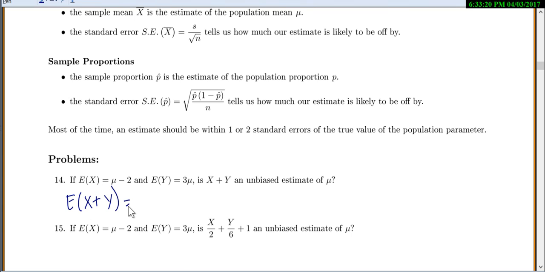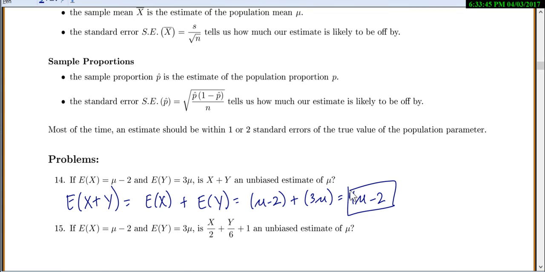For this, we go back to all of our expected value rules. This would just be equal to the expected value of x plus the expected value of y. The expected value of x, they told you up here, is mu minus 2. And the expected value of y is 3 mu. So if we add these together, we get 4 mu minus 2.